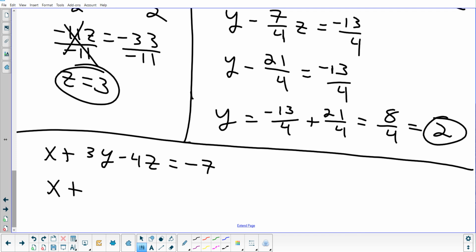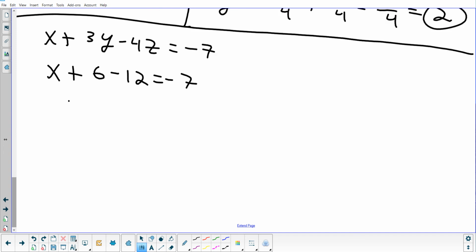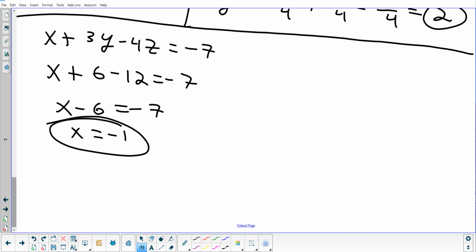So 3 times y. 3 times 2 is 6, and what's minus 4z? Negative 12. 6 minus 12 gives me negative 6. So x equals negative 1. Negative 1, right?